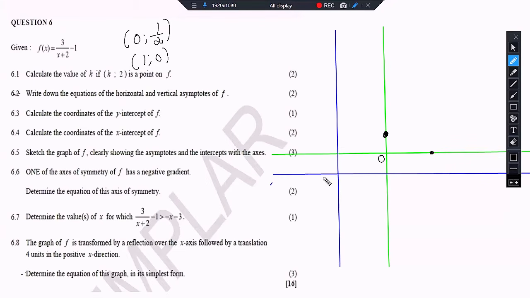So let's note that this here is -1. And then this is what we have as our vertical asymptote here. It's crossing over. Okay, so this one is -2, and then this here is -1, right? Pardon me for that.